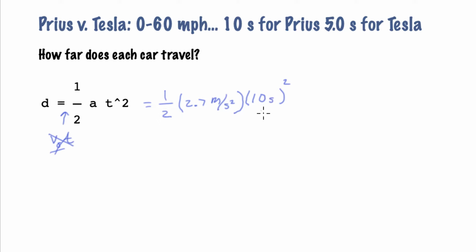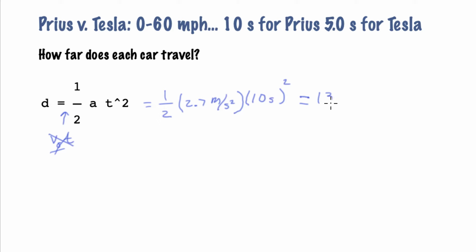Only the time, not the acceleration or the 1/2. So this 10 seconds squared is actually going to turn into 100 seconds squared. So you're going to have to do 100 times 2.7 and then divide the result by 2, and I end up with 135 meters. See where that came from?